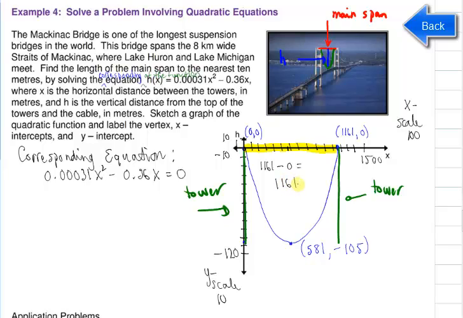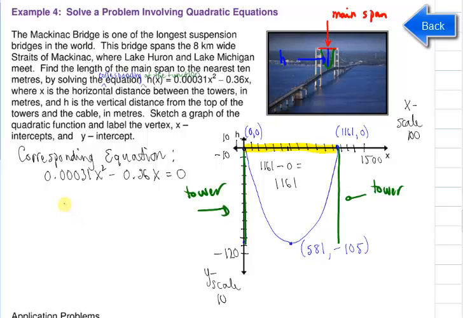So the distance between your two towers and the distance of your main span is 1,161 meters.